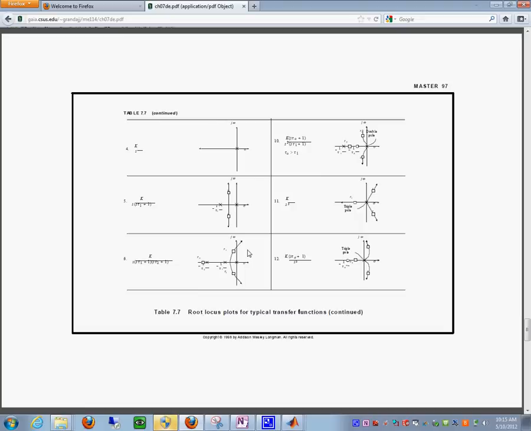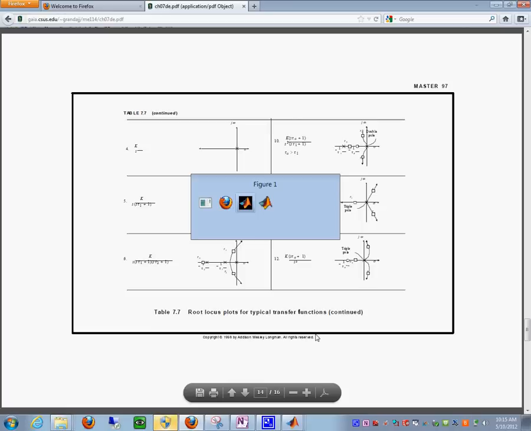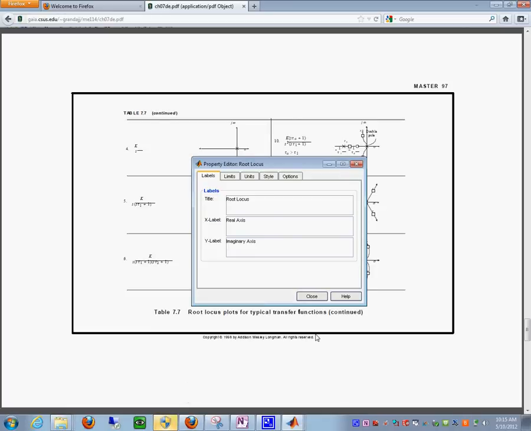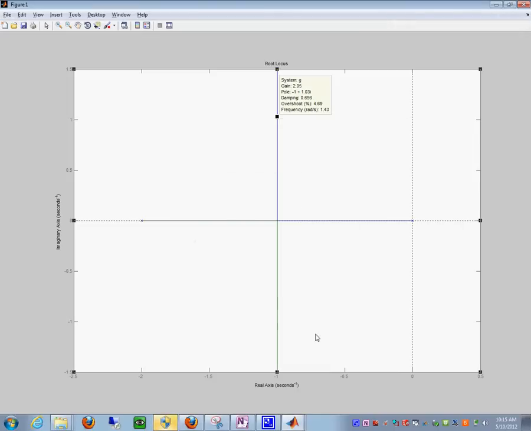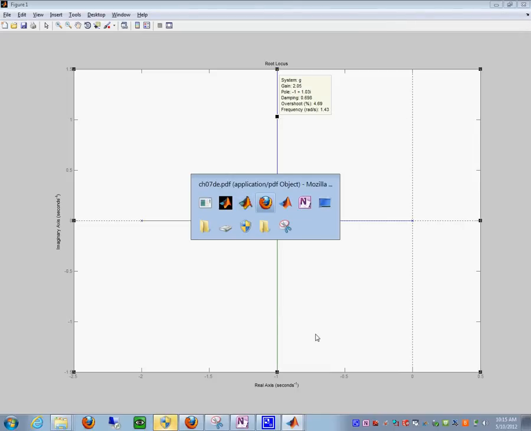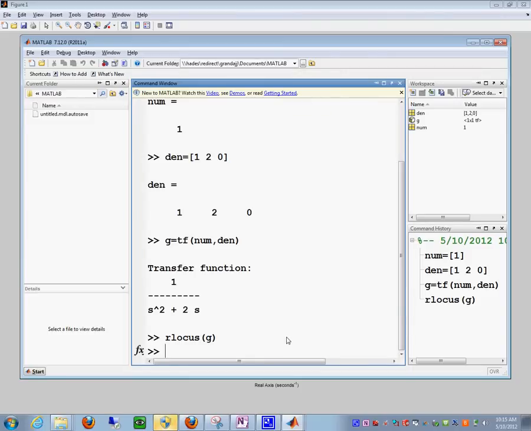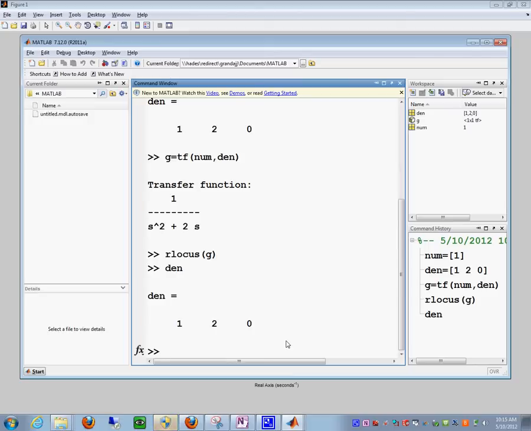I'm just showing you several of these, but let's go back to our system itself and change the value of the denominator, which was like this, and I could just define this.